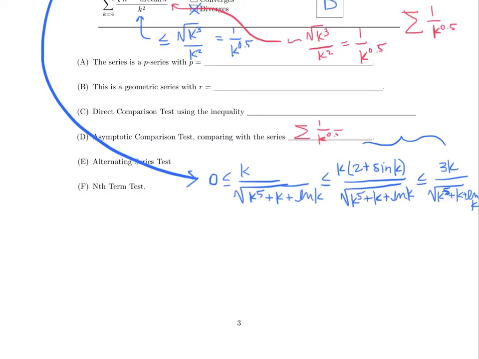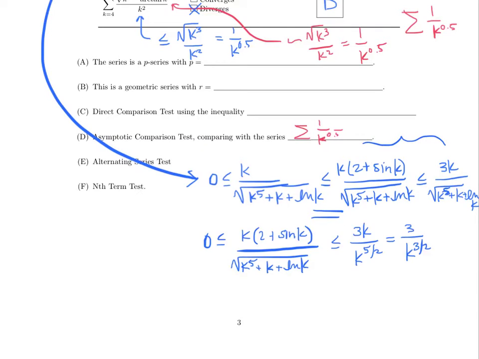If we're wrong, we can always investigate this part of the inequality. That's fine too. By simplifying the denominator, we can actually create the following direct comparison. We know that the terms of this series are all less than or equal to the terms of this series, right? The denominator is smaller, the numerator is larger.